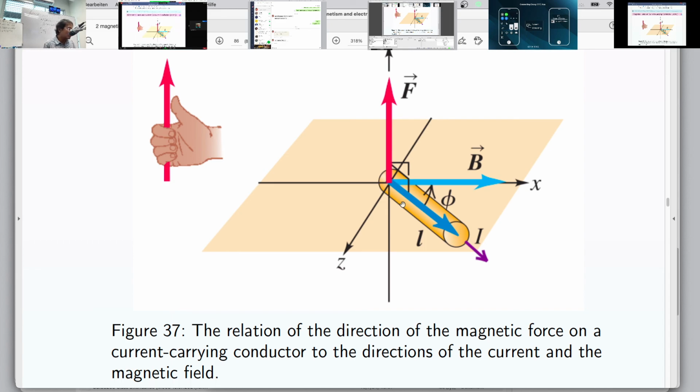As I told you, you start from vector L to vector B. You can see that vector L is right here, and you rotate your 4 fingers from L to B. From the right hand rule, you get the vector F in the same direction as your thumb, and that's why you get the induced force upward like this, upright from the plane.